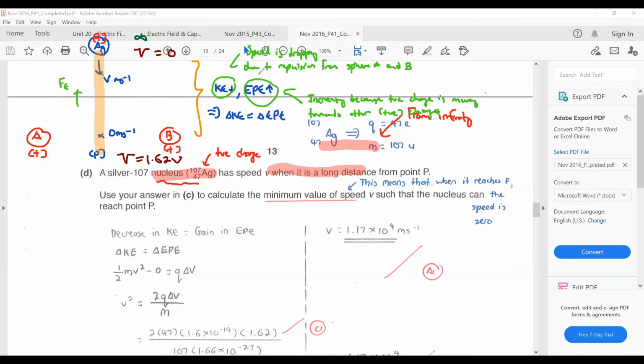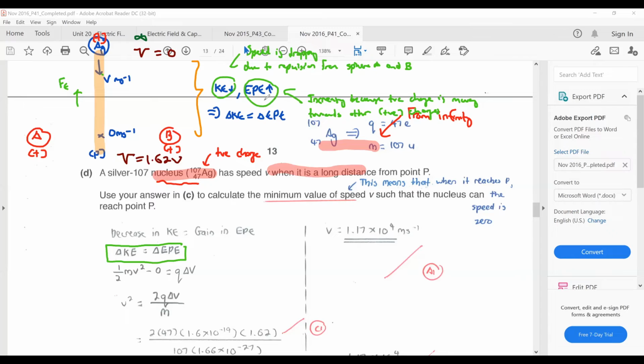Okay, this could be another way of explaining why KE is dropping, EPE is increasing. Speed is dropping due to repulsion from sphere A and B, therefore KE drops. This one EPE is increasing because positive charge is moving towards other positive charges, so it becomes even more repulsive. So your EPE definitely is increasing. Okay, but enough of that. So we go to this one.